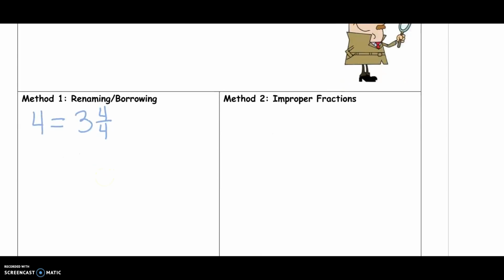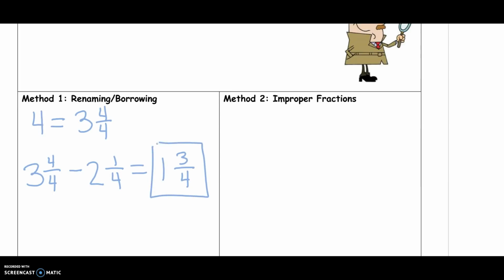So now I can rewrite my number sentence as 3 and 4/4 minus 2 and 1/4. Now I can go ahead and subtract 4/4 minus 1/4, which is 3/4, and 3 minus 2, which is 1. My final answer is 1 and 3/4.